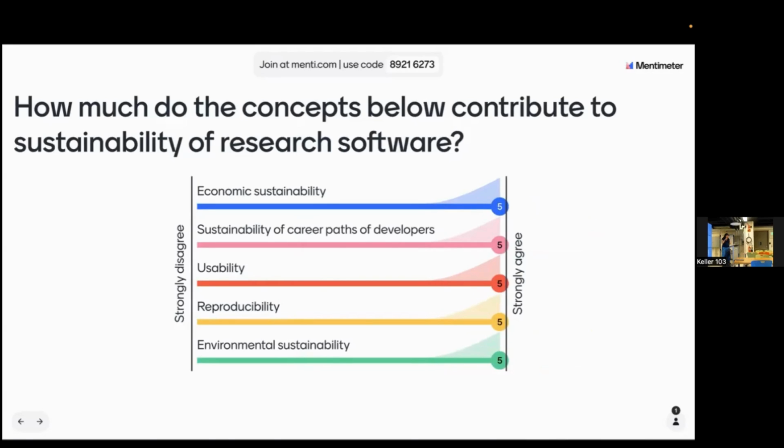So, you know, how much do they contribute? Are they all really important? What do you think are the most important aspects to make research software really sustainable? So that research software can still be used in a year or two, as we use it today, and create results.